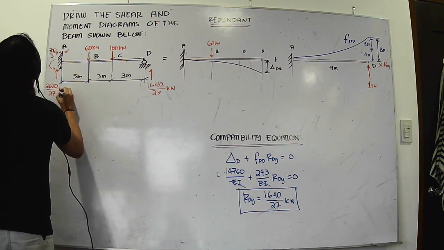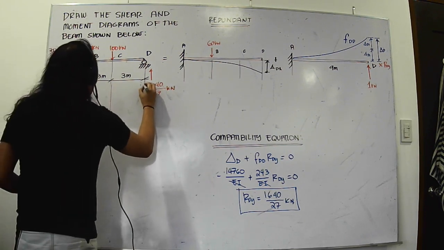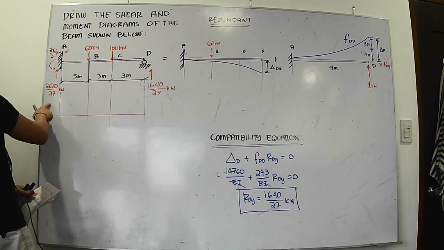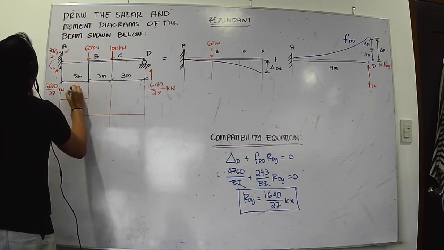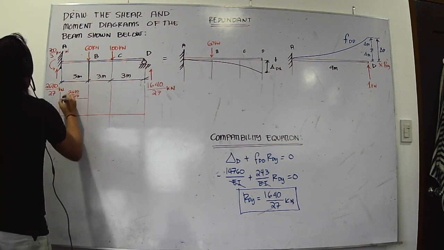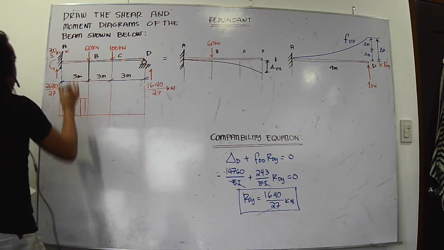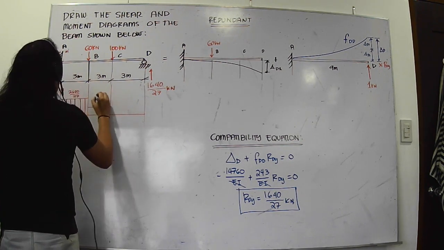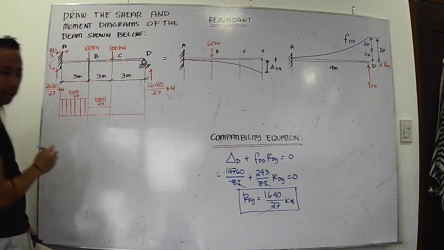We have this, 2680 over 27. The value for this is 2680 over 27. Then minus 60, that should result in 1060 over 27.